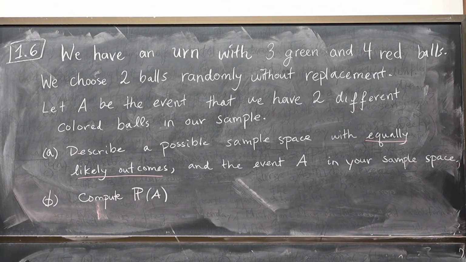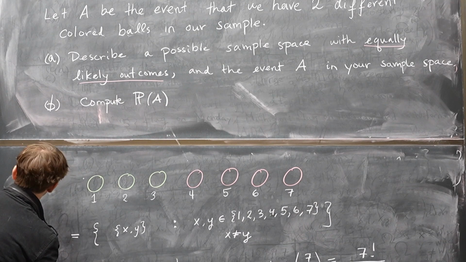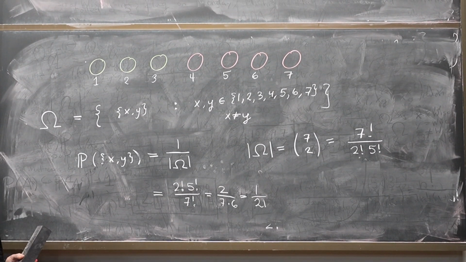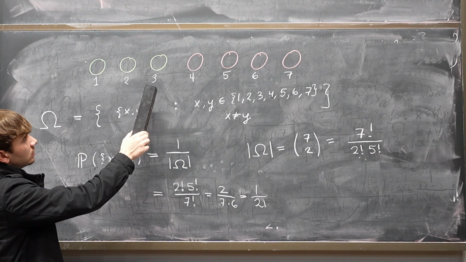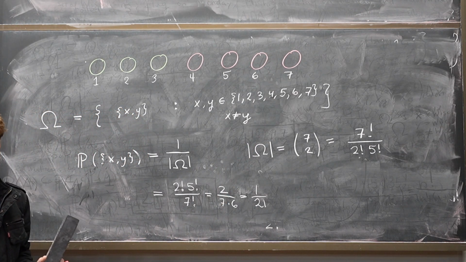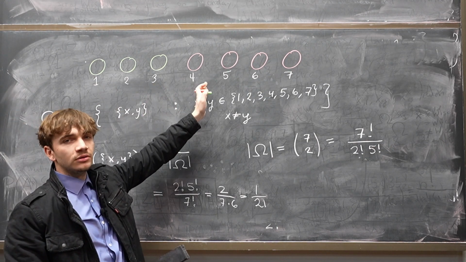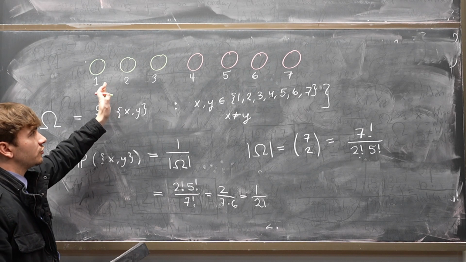Recall that A is the event that we have two different colored balls in our sample. If I label the green balls as 1, 2, 3 and the red balls as 4, 5, 6, 7, then I need to determine the number of ways in which I can choose a green ball and a red ball. This is actually not too hard.